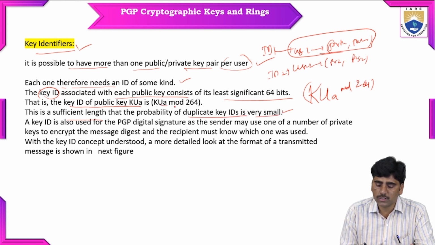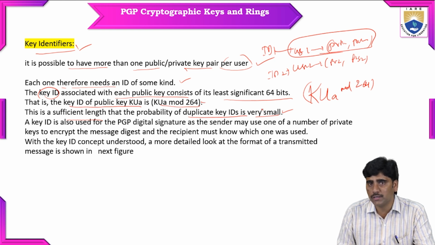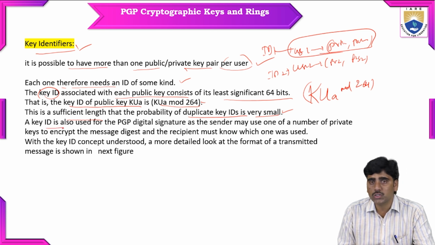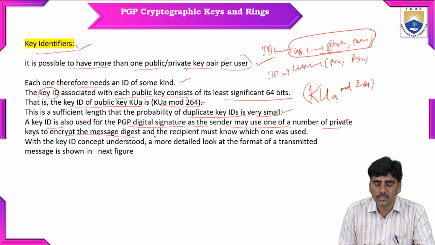A key ID is also used for the PGP digital signature, as the sender may use one of several private keys to encrypt the message digest, and the recipient must know which one was used.